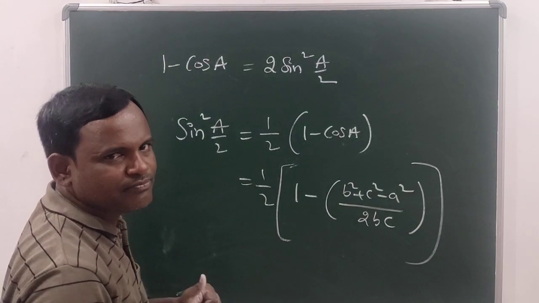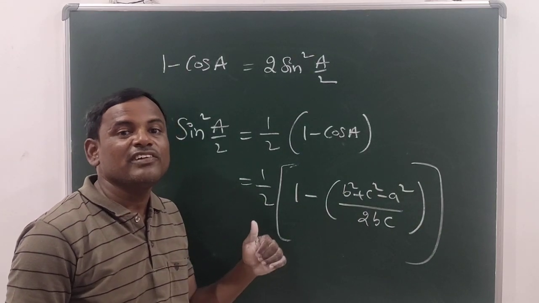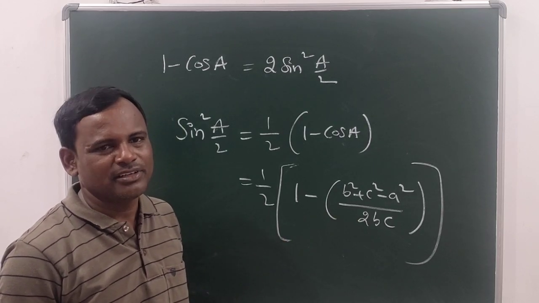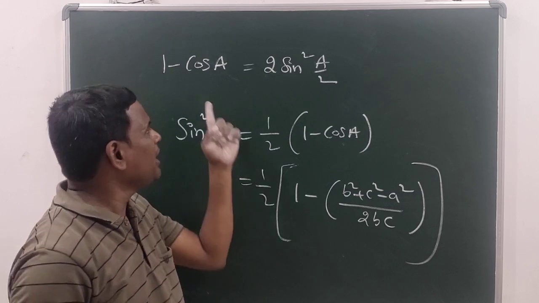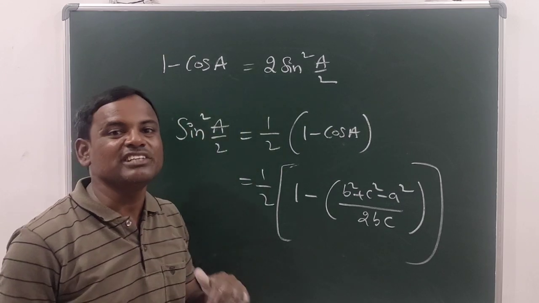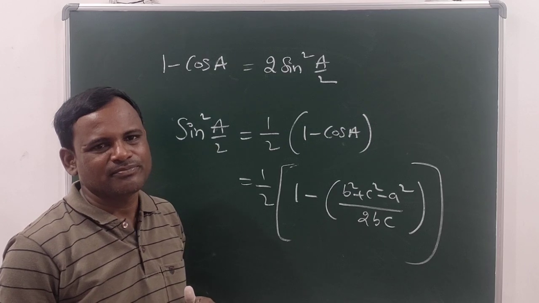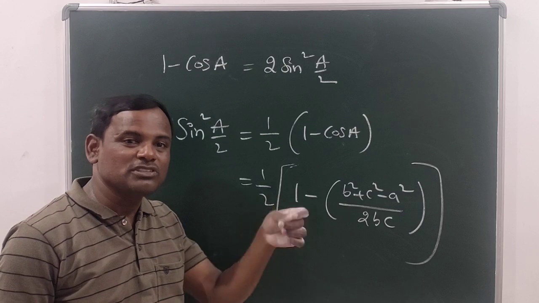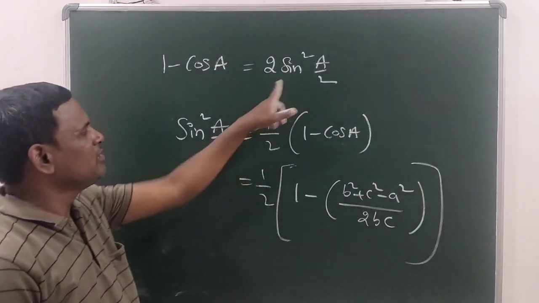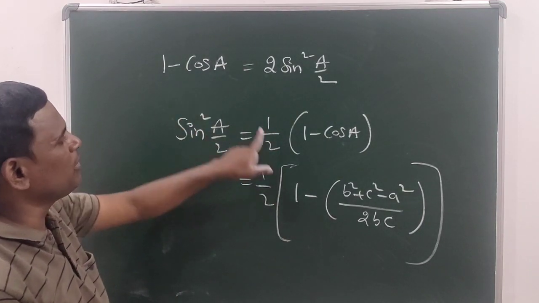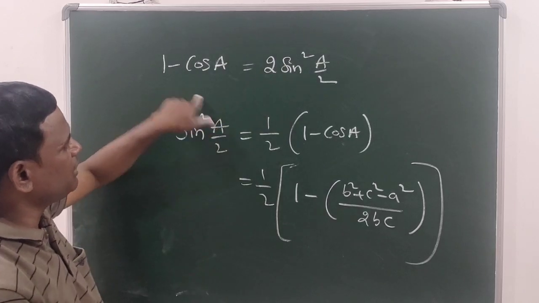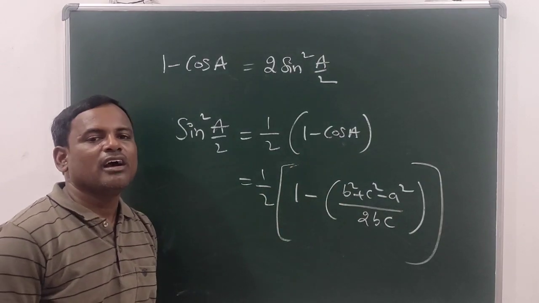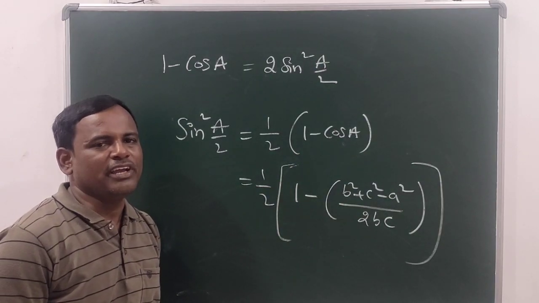We are defining sine of A by 2, which is called half angle of sine. For that, I took this 1 minus cos A equal to 2 sine square A by 2 formula, a relation which we have learnt in the submultiples of trigonometry. When you bring this 2 to the left side, you get this step. In the next step, in the place of cos A, I wrote the cosine rule of A.